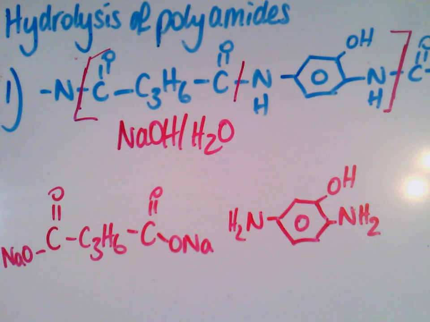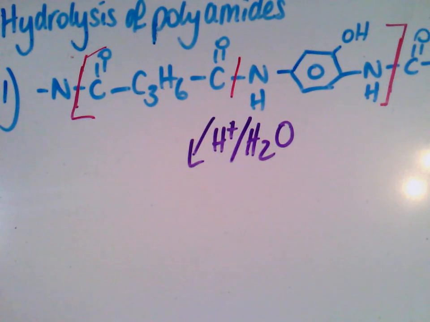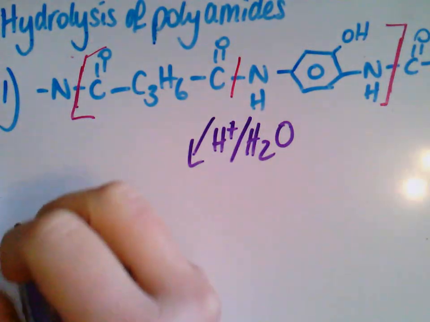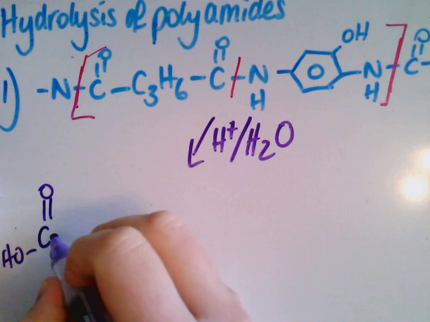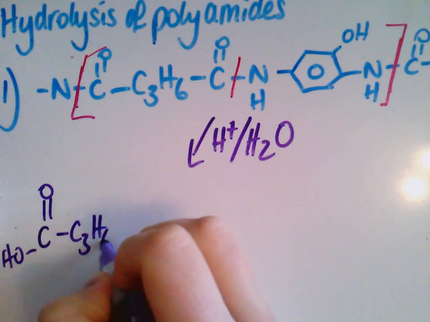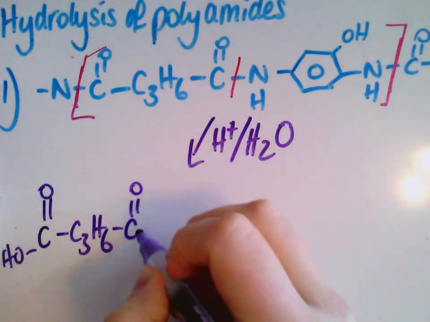Let's look at the acid hydrolysis. So in the presence of hot aqueous acid, that's going to have an impact on my diamine. I'm still going to get my dicarboxylic acid formed, so make sure that's got its clear OH.